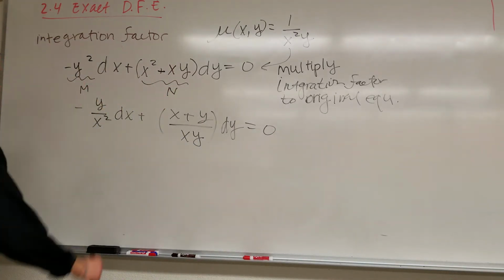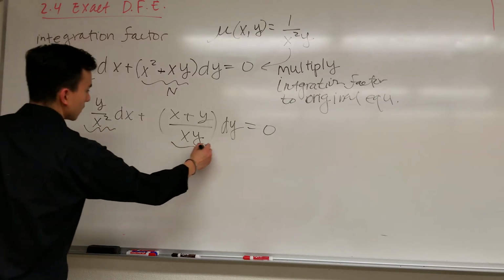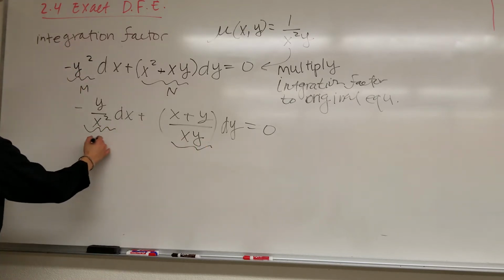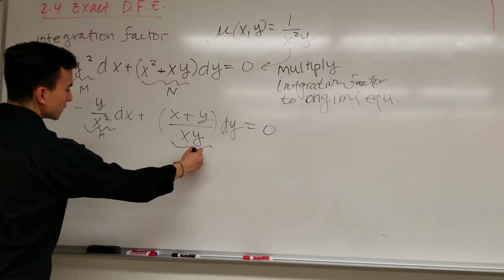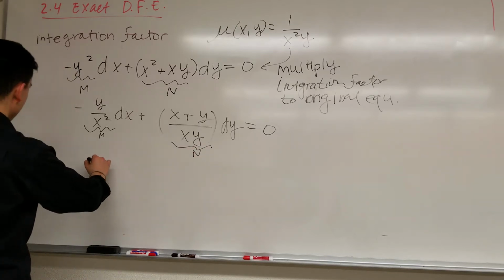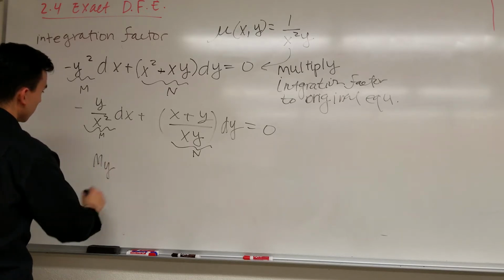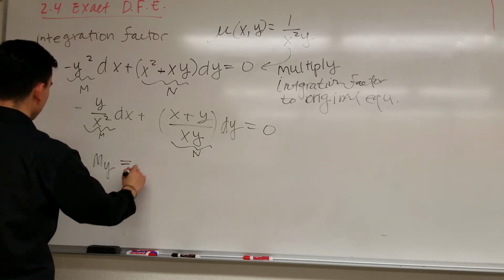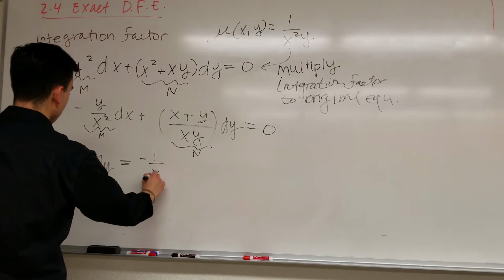And now if we were to take the partial derivatives of these, since this is our new M, this is our new N, we're going to get that M_y is equal to negative 1 over x squared.